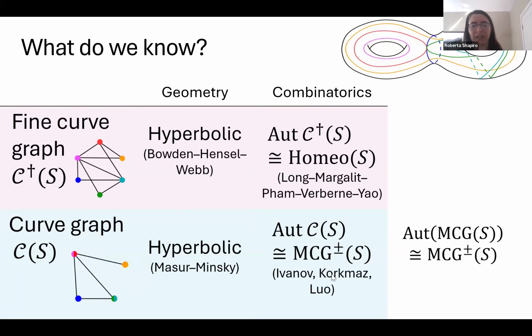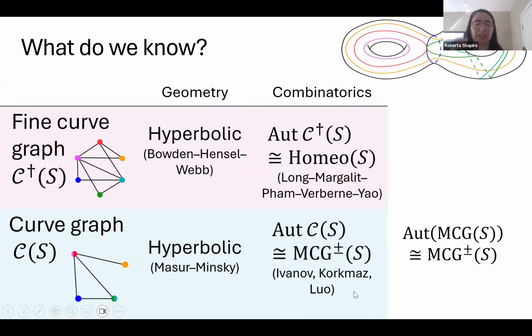So we're going to go bottom to top here. A more well-known theorem is a theorem of Ivanov, Korkmaz, and Luo. There are several others who also proved theorems in a similar direction. If we take a look at the automorphism group of the curve graph, it is actually naturally isomorphic to the extended mapping class group.